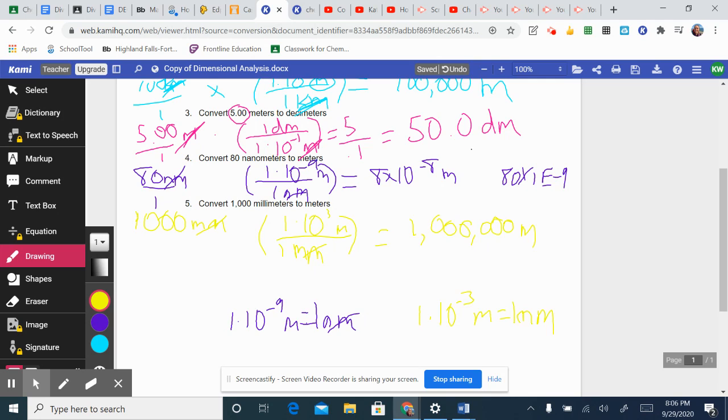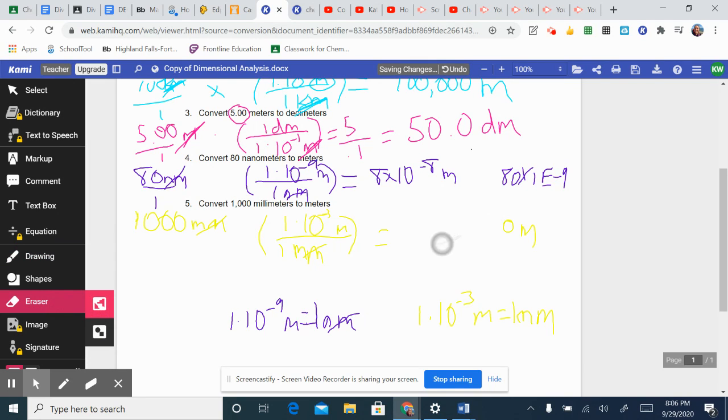Oh, I saw negative, I missed the negative 3. We're converting from millimeters to meters, so that's my bad. So it's 1,000 times 1 times 10 to the negative 3. I just double checked because that didn't make sense to me. So if I go back and change it to 1,000 times 1e to the negative 3, our answer is actually just 1.